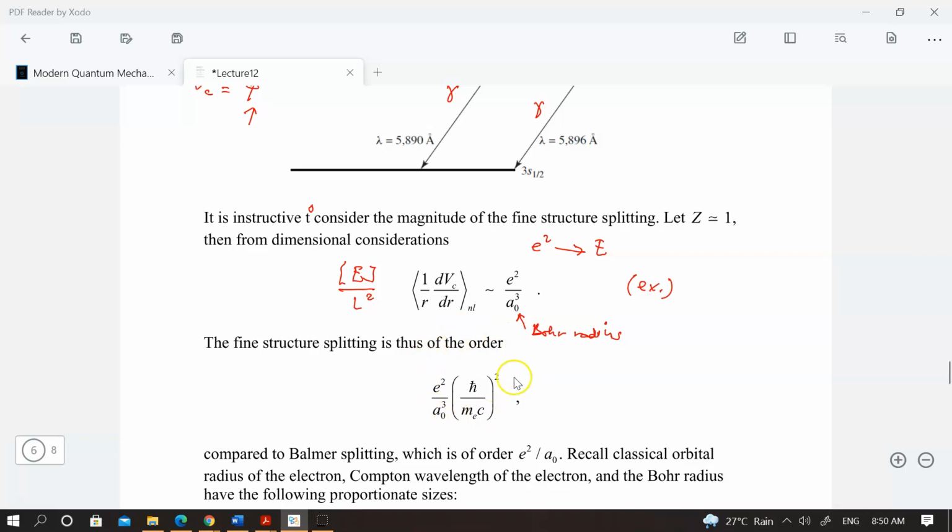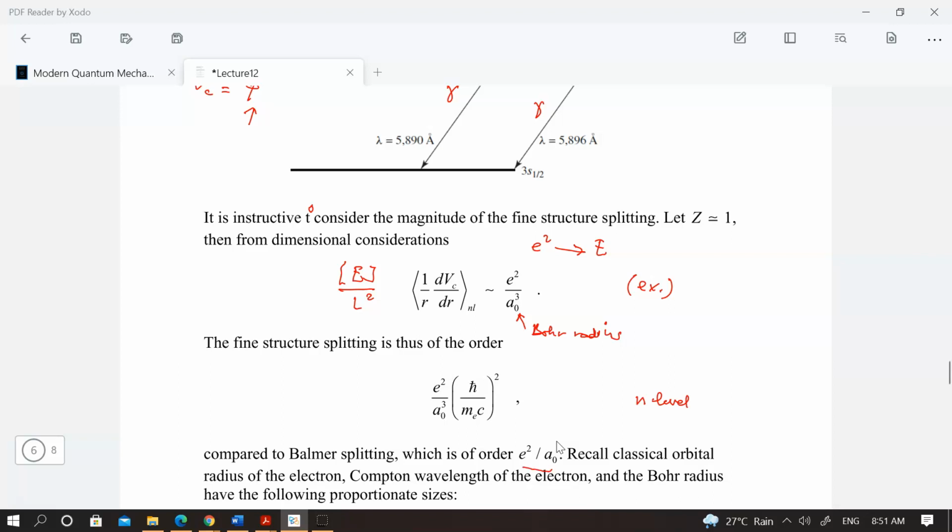Okay, and normally one needs to compare this with other kinds of splitting so that you'll be able to recognize which splitting comes from where. The other kind of splitting is simply the ordinary Balmer line splitting coming from, say, your different n levels, and this is essentially of order e squared over a Bohr radius.